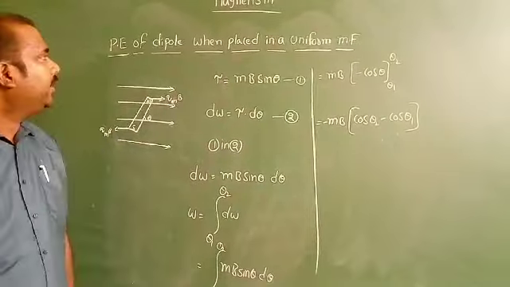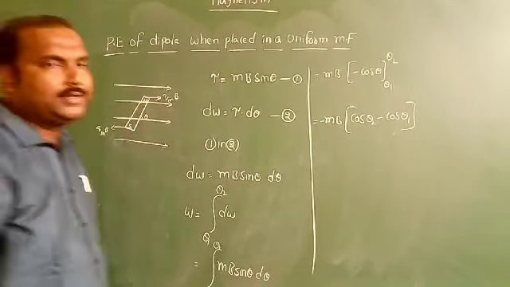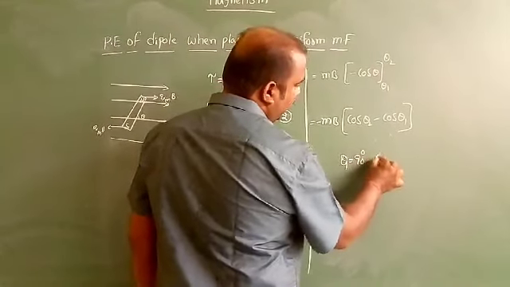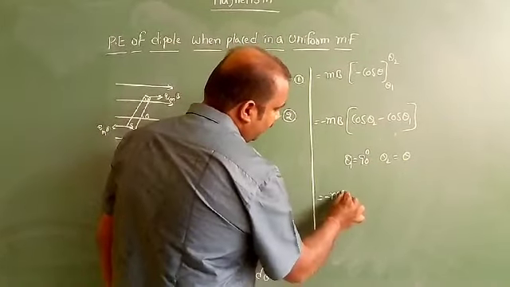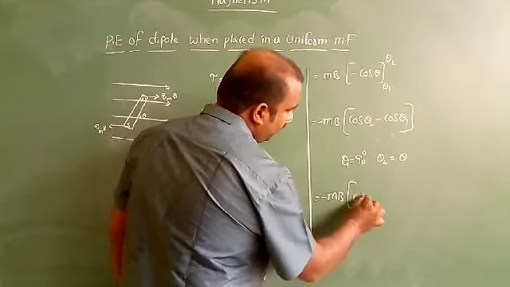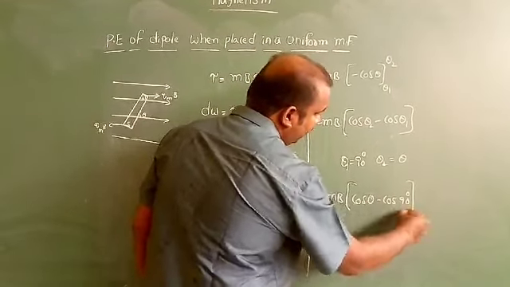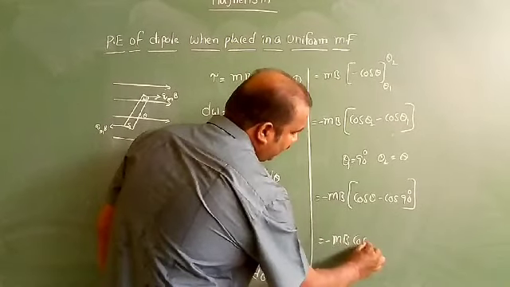Suppose I am moving this dipole from perpendicular to some other angle. In such a case I can take theta 1 is equal to 90 and theta 2 is equal to theta, then the above equation becomes minus mB into cos theta minus cos 90, whose value is 0, and finally I get minus mB cos theta.